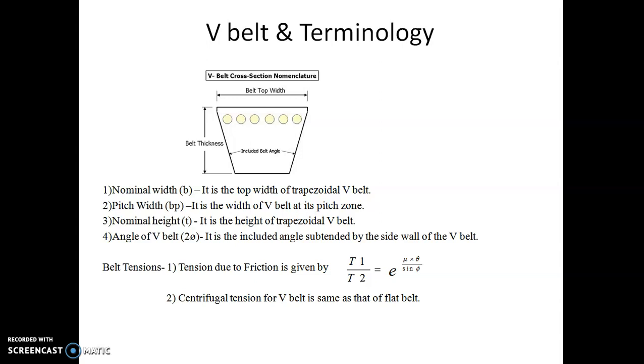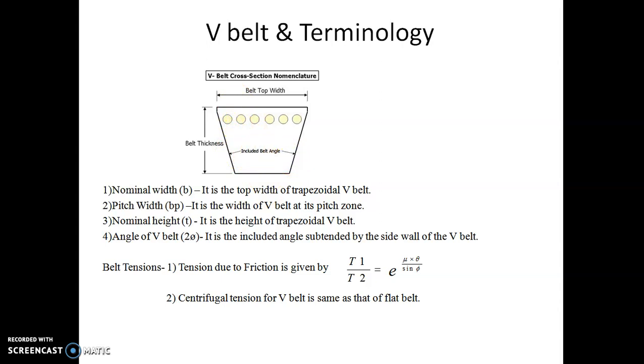It is denoted by T. It is the height of trapezoidal V-belt. The next one is angle of V-belt. It is denoted by 2 phi. It is the included angle subtended by the side wall of the V-belt. So this is the angle denoted by 2 times phi.